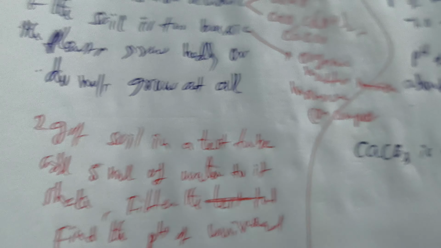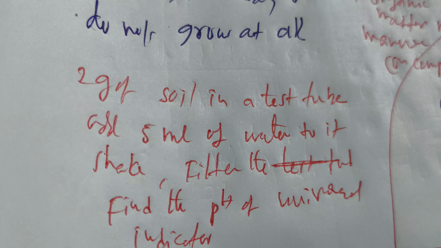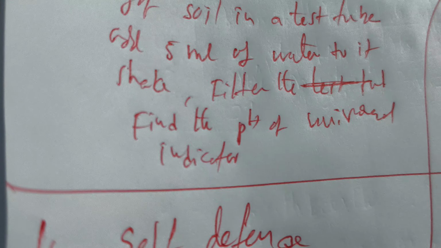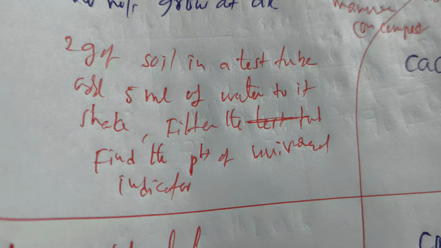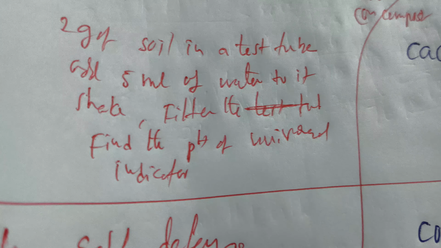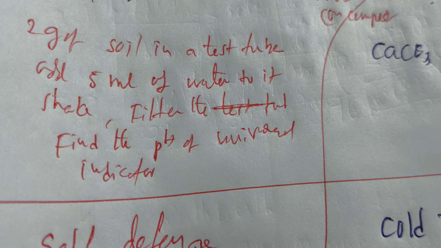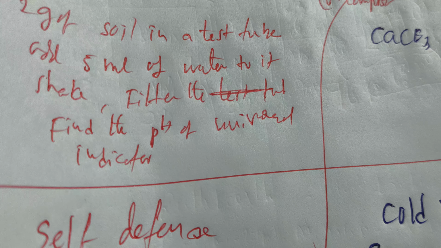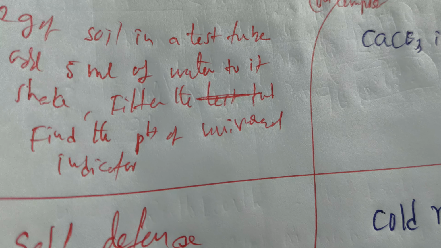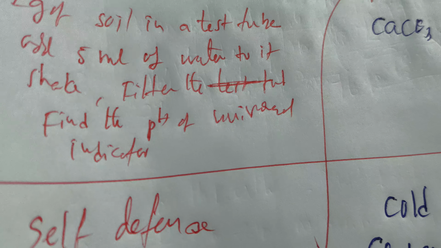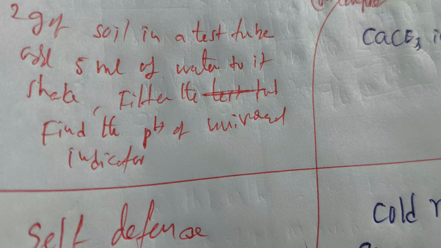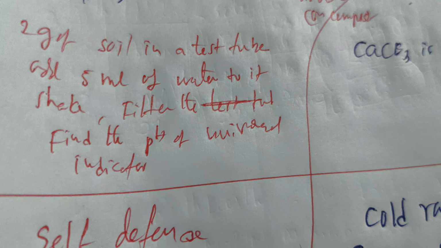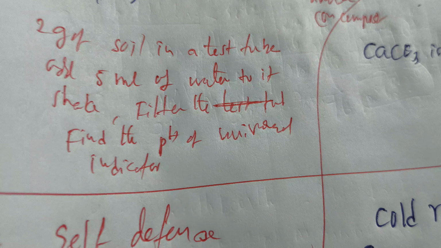Then how can we know whether the soil has acidic nature or basic nature? Simply take 2 grams of soil in a test tube, add 5 ml of water to it, shake the mixture, filter it, then test the solution with the universal indicator. Based on the color formed on the universal indicator, we can identify whether the soil is acidic or basic in nature.